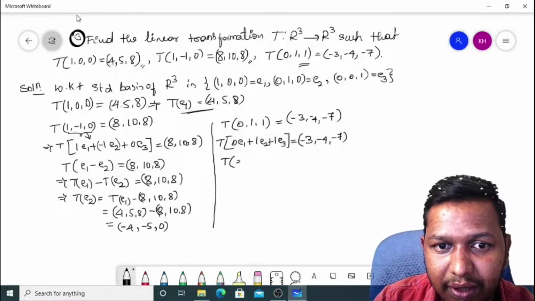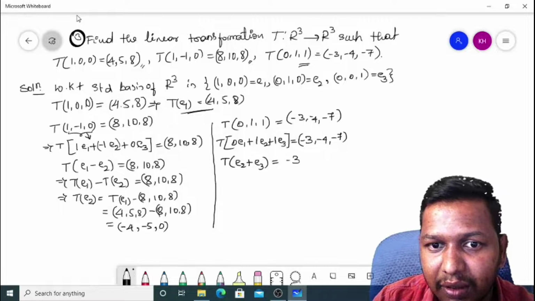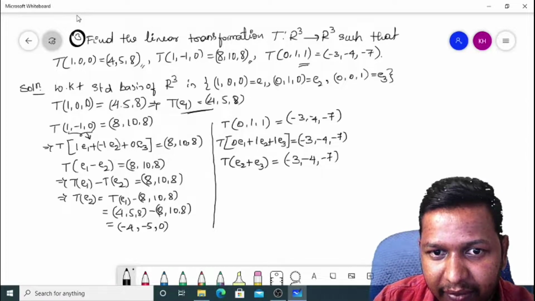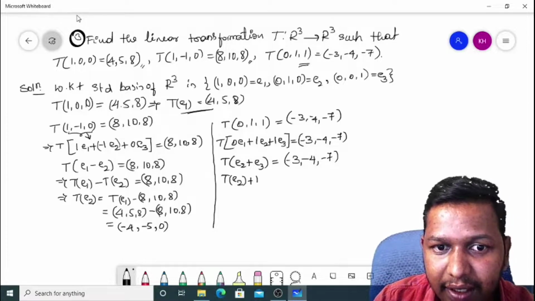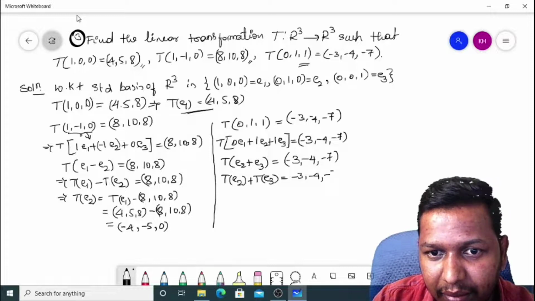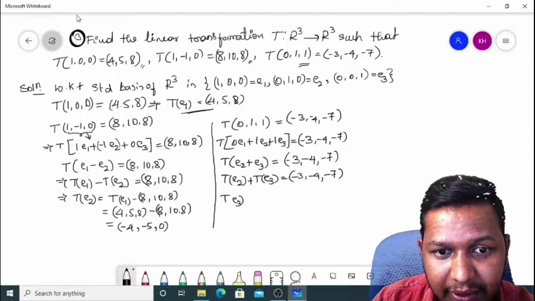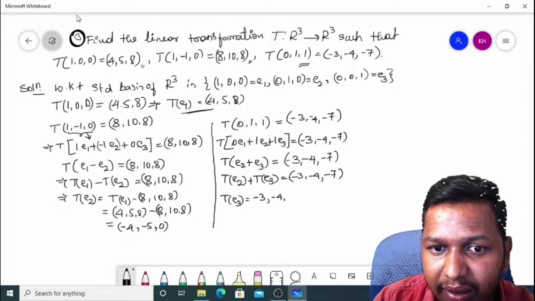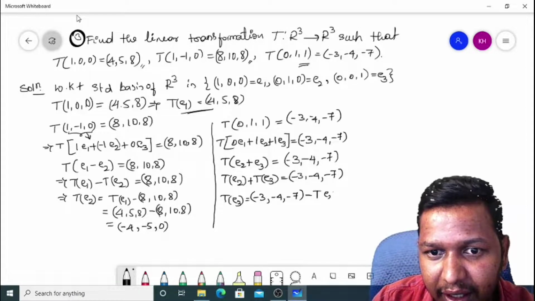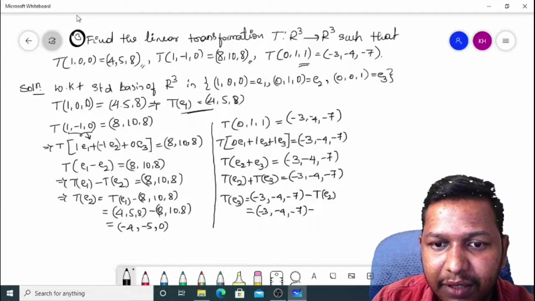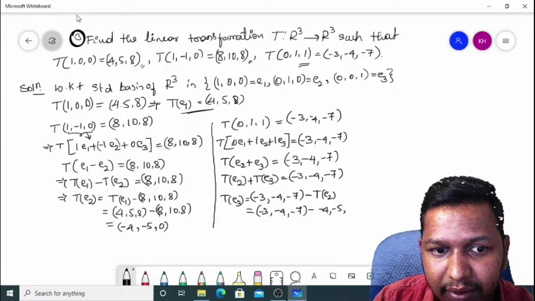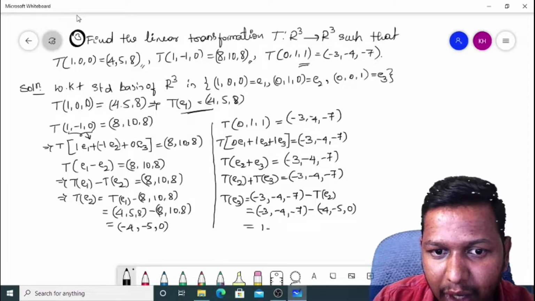So T(E2) + T(E3) = (-3, -4, -7). We already know the value of T(E2). Therefore, T(E3) = (-3, -4, -7) - T(E2) = (-3, -4, -7) - (-4, -5, 0), which equals (1, 1, -7).